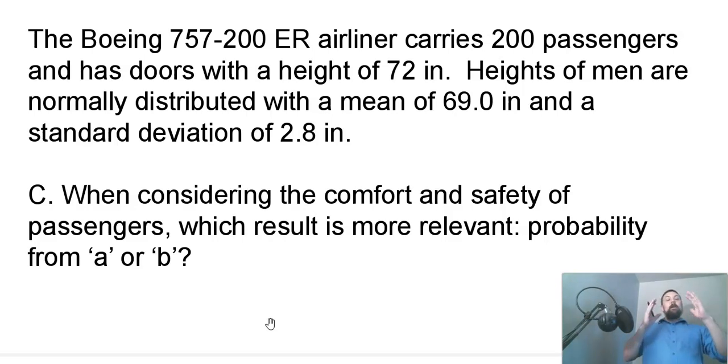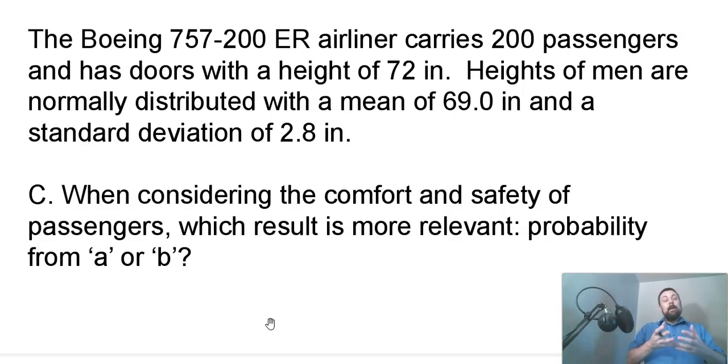But as a business, it's about individual customer service. You want each person to feel comfortable. You don't want it to be the case that on average people feel comfortable, because not everybody is average.